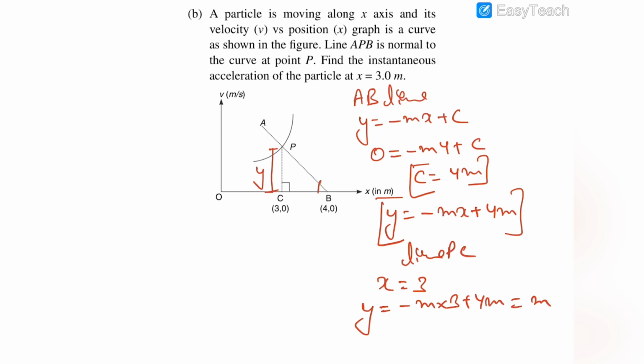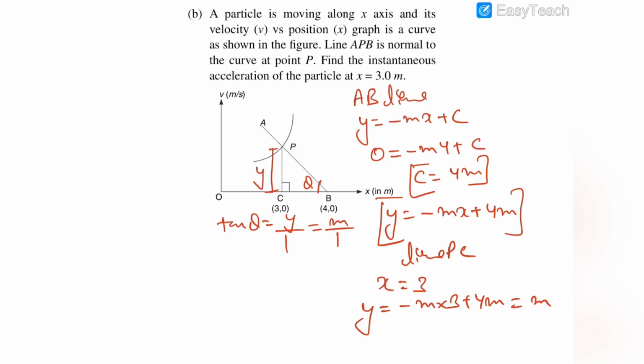Now this angle theta, tan theta is equal to y upon 1, where 1 is the x coordinate. This is y and this is 1. So y upon 1, and y is equal to m. So tan theta is equal to m.